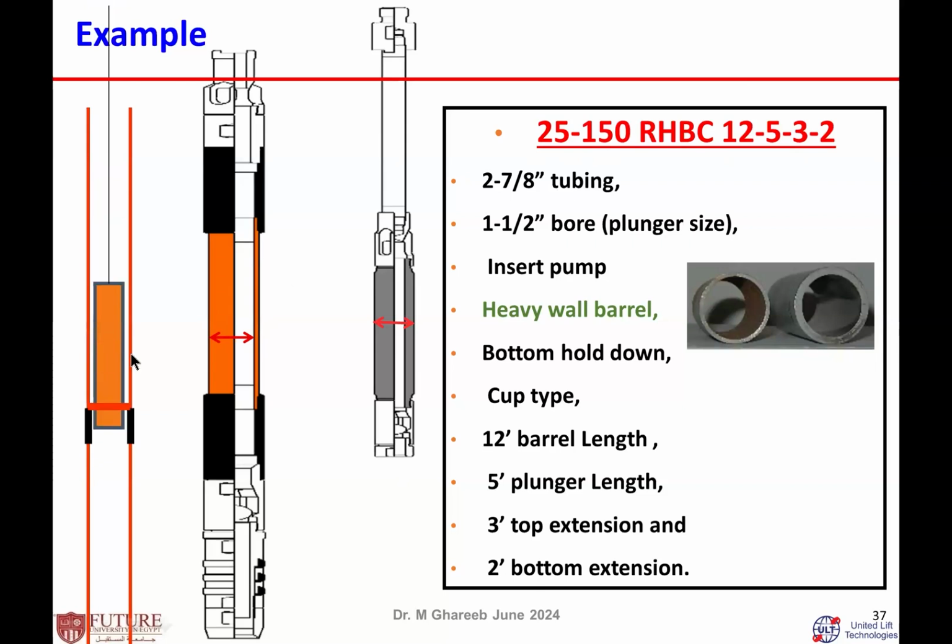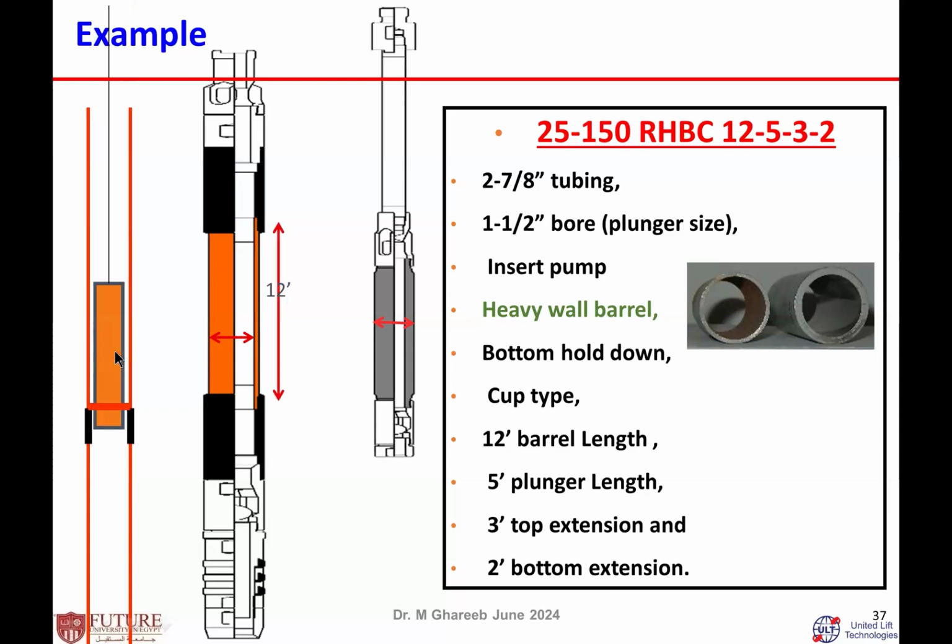After that, it's an insert pump. You see, all the pump runs inside the tubing. It's an insert pump, you can run the pump inside the tubing like this. It's not a tubing pump.